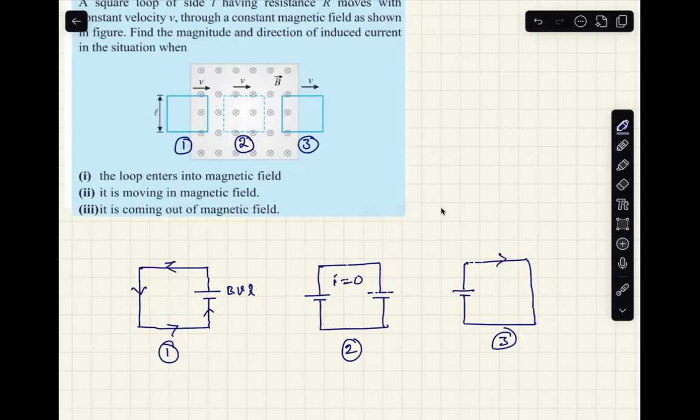So in this case, this is how the current flows. The current is BVL by R in which direction? Anti-clockwise. Current is 0 in this case. Current is BVL by R clockwise. Any doubts? Sure? Right.